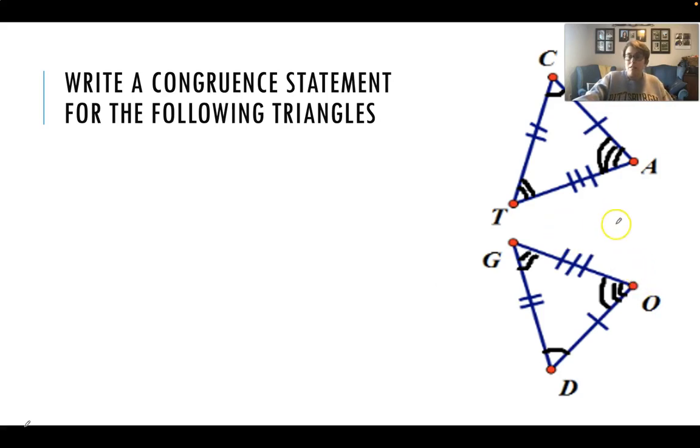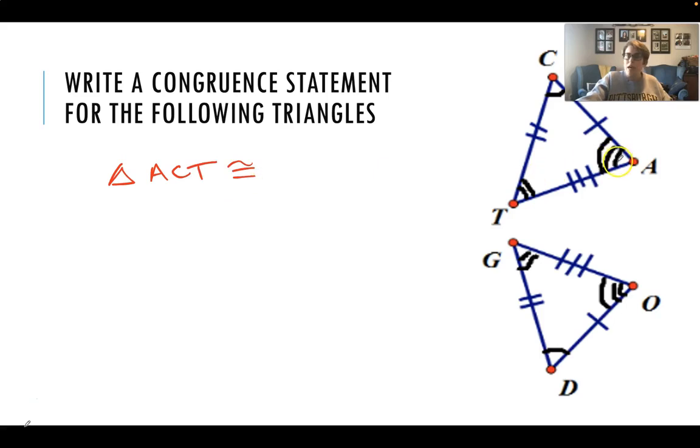So if I look at this, it depends on if I want to go from angles or if I want to move from sides. But if I started with my sides, start here at A, C, T. So triangle A, C, T is congruent to.